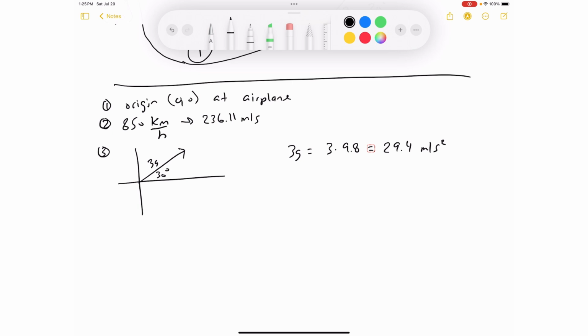This thing right here is 3G, of course, but we're going to make it 29.4. What I want to do is figure out this side. I want to figure out the acceleration in X, in the horizontal direction, and in the vertical direction as well.